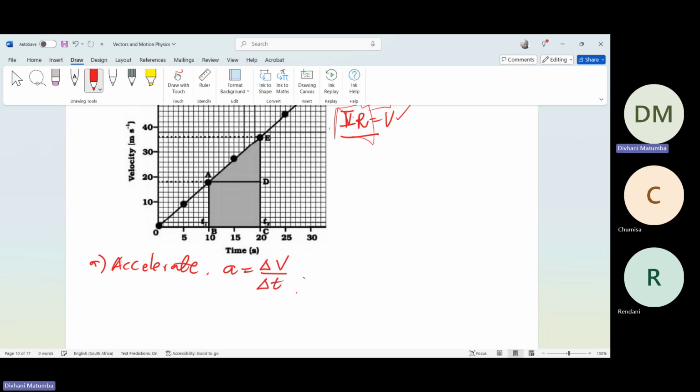From there I said 55 minus 0 over 30 minus 0, which ended up as 55 over 30, which gave me 1.83 meters per second.